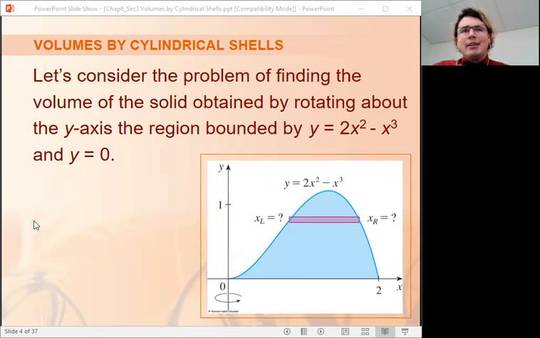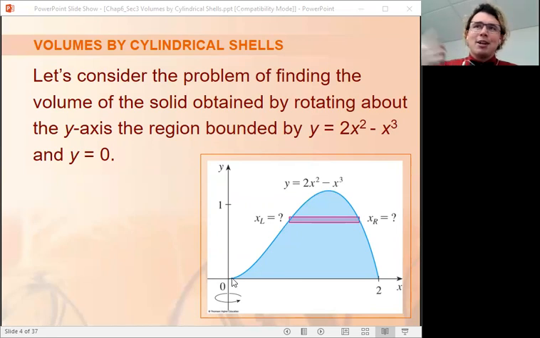We're going to take the blue region here that is bounded by y equals 2x squared minus x cubed and the x-axis. So here I've got this sort of lump sitting on the x-axis, and I'm going to rotate it not about the x-axis, but this time I'm going to rotate it about the y-axis.